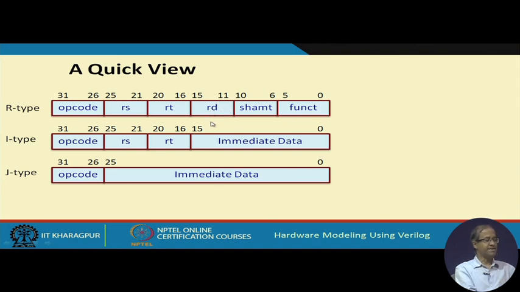So, what we are saying is that we really do not know what type of instruction this is unless we decode the instruction. But the strategy that we will be following is as follows. To speed up things, we will be assuming that there are 2 source registers.